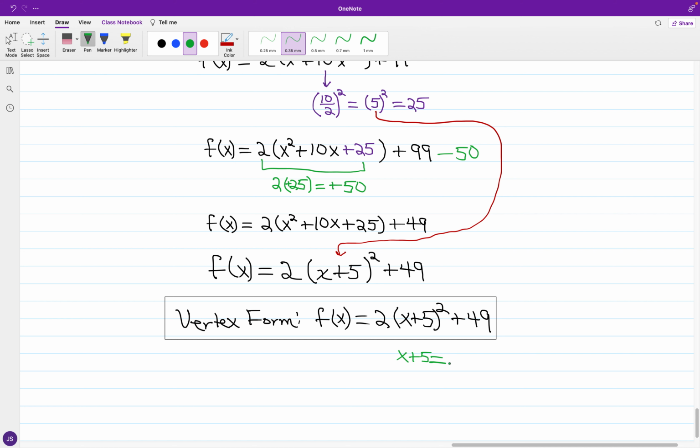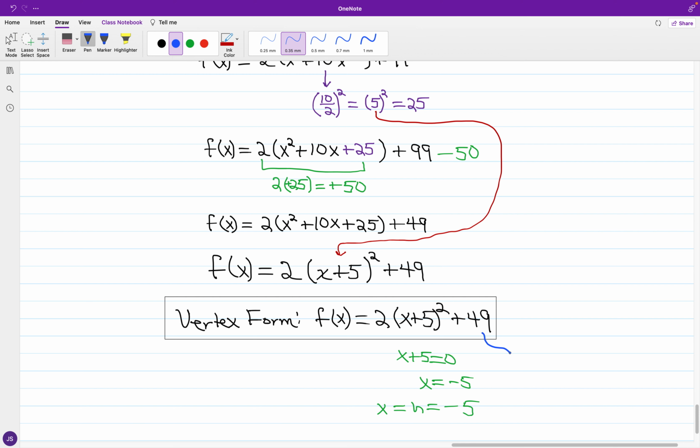but for the h and the k amounts, you have x plus 5 is equal to 0, x is equal to -5, so you have that x is equal to h is equal to -5.